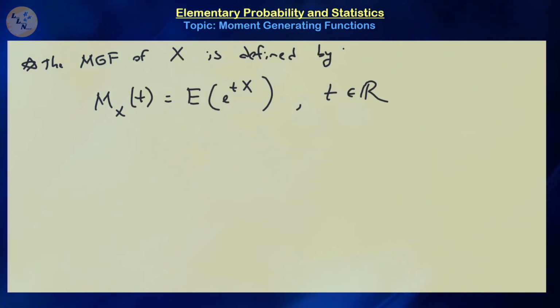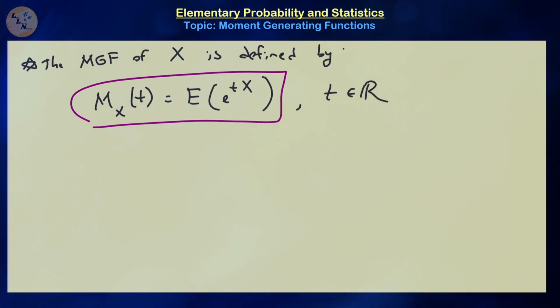So this is the definition of a moment generating function for a random variable X, regardless if it's discrete or continuous. So X could be Poisson, binomial, hypergeometric, log normal, normal, exponential, continuous uniform, it doesn't really matter.